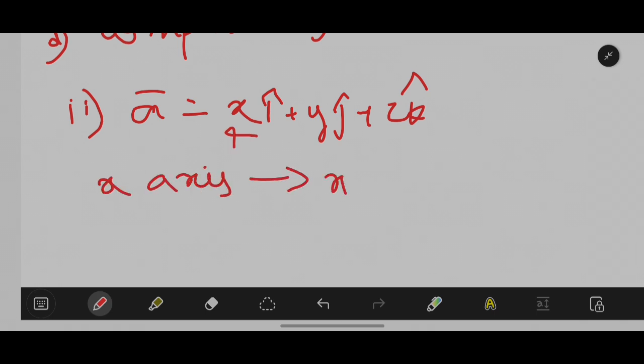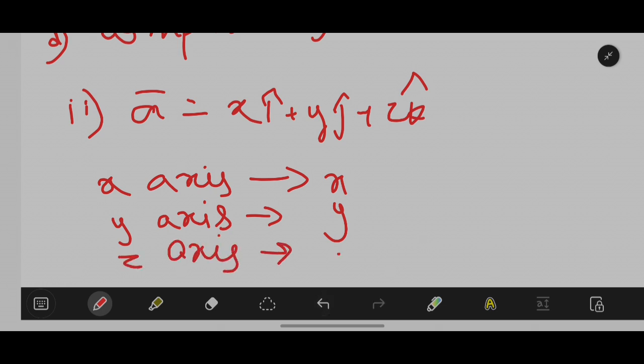Whatever is written adjoining i cap is the component of that vector in the direction of x axis. For y axis it is y, this one, and for the component in the direction of z axis it is this one, z. So the option is x comma y comma z, that is option B.